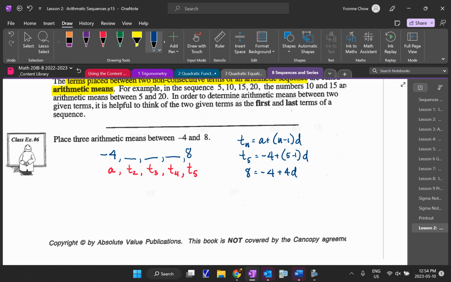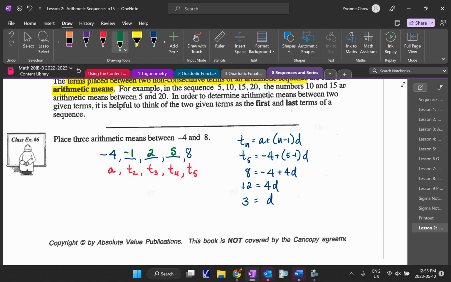Add 4 to each side, so 12 is equal to 4d, so d is equal to 3. If our common difference is 3, I can add 3 to -4. That makes -1. Add 3 again, that's 2. Add 3 is 5, and sure enough, when we add 3, we get 8.